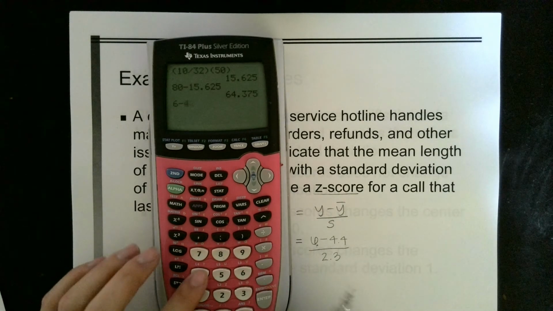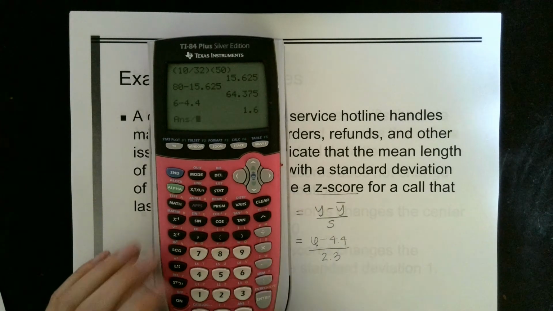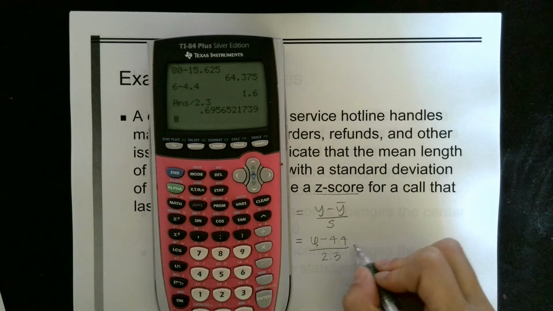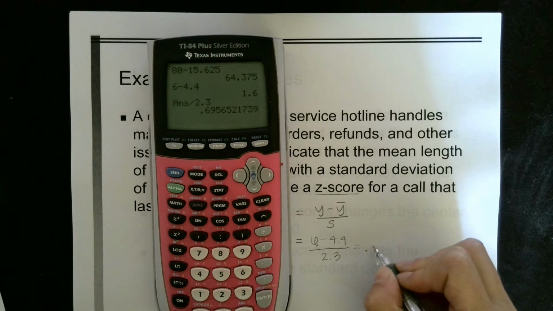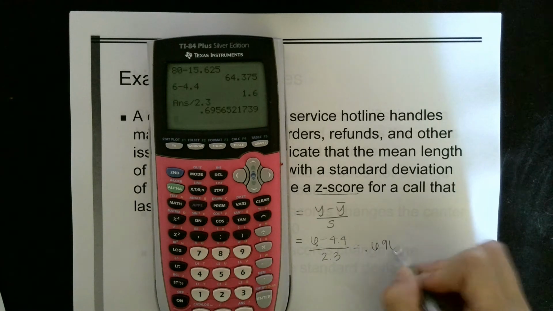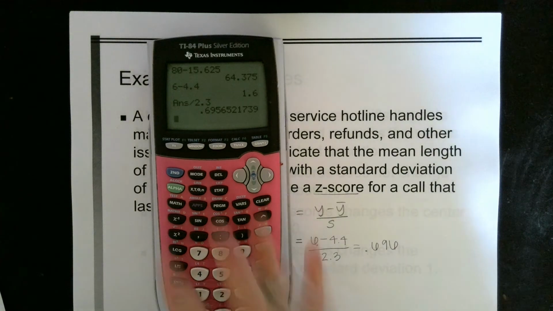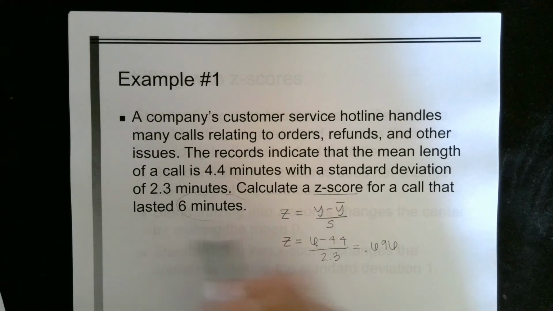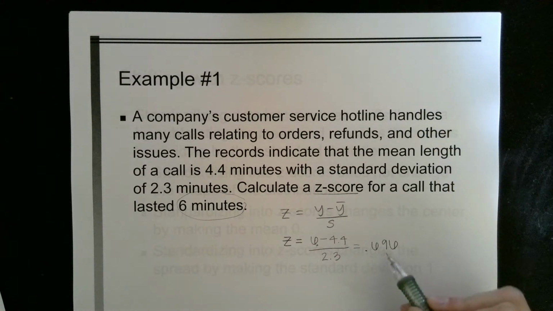So 6 minus 4.4 divided by 2.3 gives me a z-score of 0.696. Now what that means is that this call that lasted 6 minutes was about 0.7 standard deviations above average.